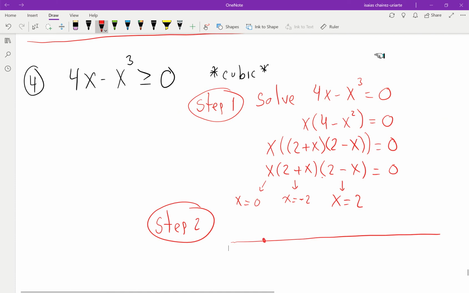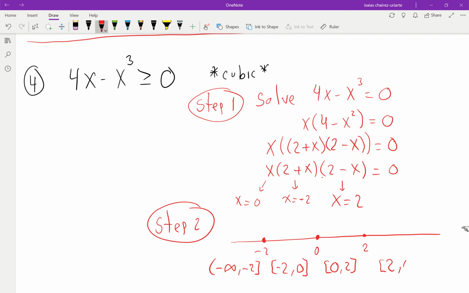So I have -2, I have 0, and I have +2. What that does is it splits up my real number line into 4 intervals: -infinity to -2. Right now I'm using brackets because of the type of inequality that we're dealing with. Then -2 to 0, 0 to 2, and 2 to +infinity.